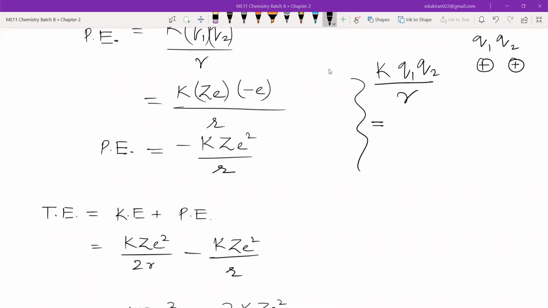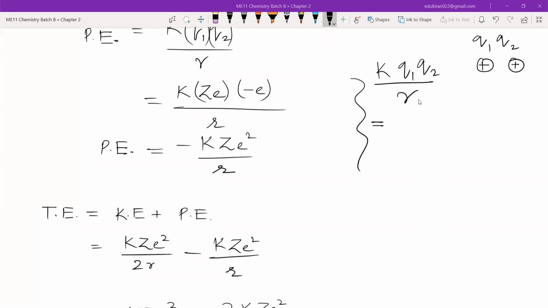Now, if you have positive charges, will they attract each other or repel each other? Yes, Muhammad Umar, correct. They will repel each other.